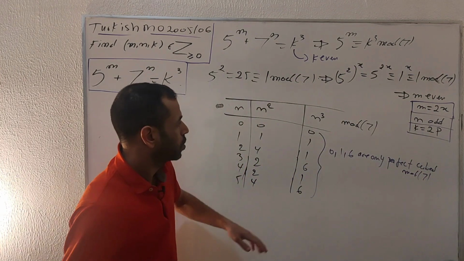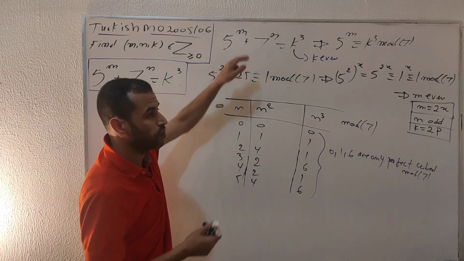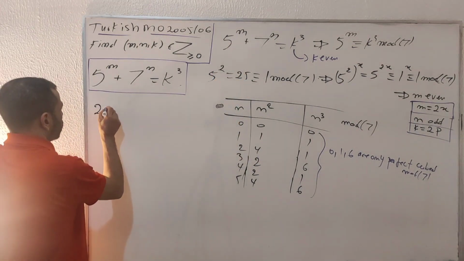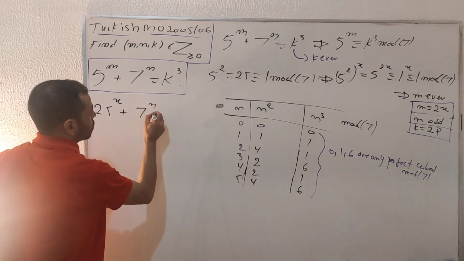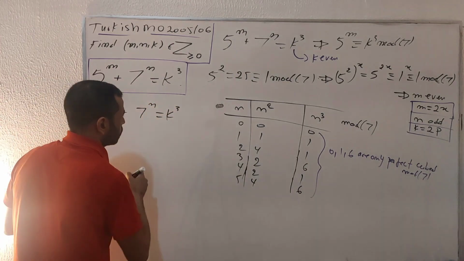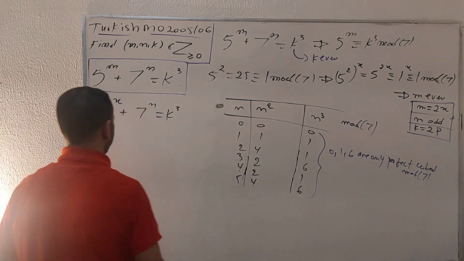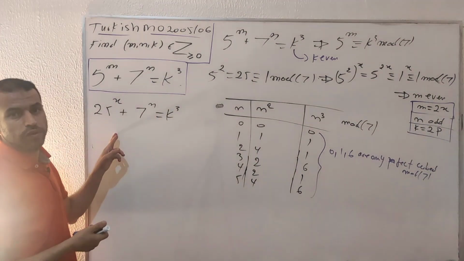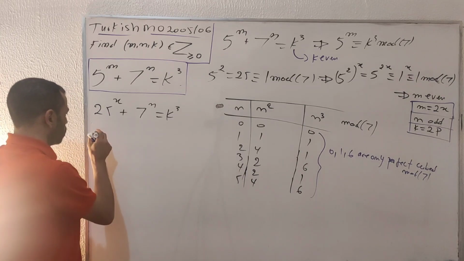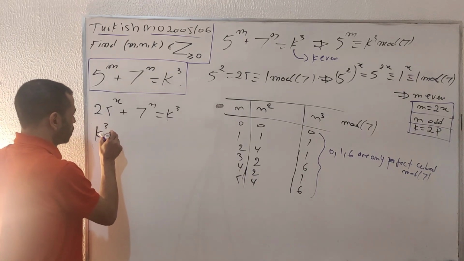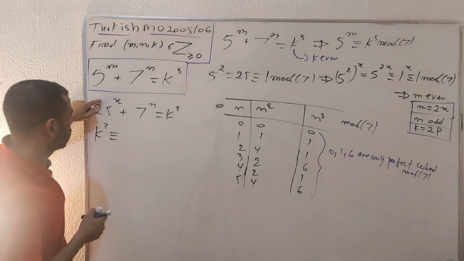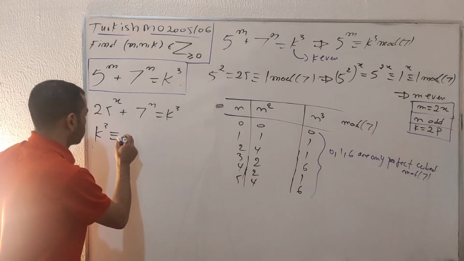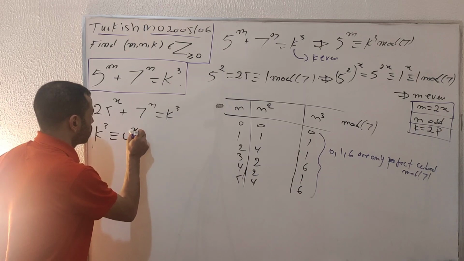Okay, so we already know m is even, which means I will have 25 to the x plus 7 to the n equals k cubed. Now if I reduce this to mod 7, I get k cubed congruent to, we know 25 is 4 more than 21, so congruent to 4 to the x mod 7.